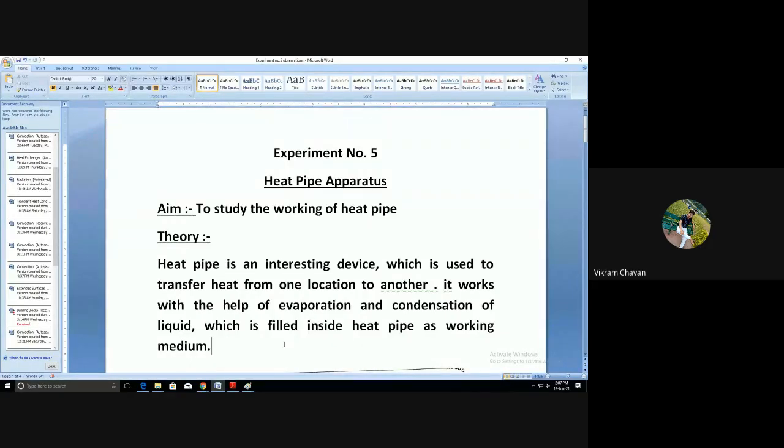That operation is performed by the heat pipe without any external energy source, and no moving part is required.